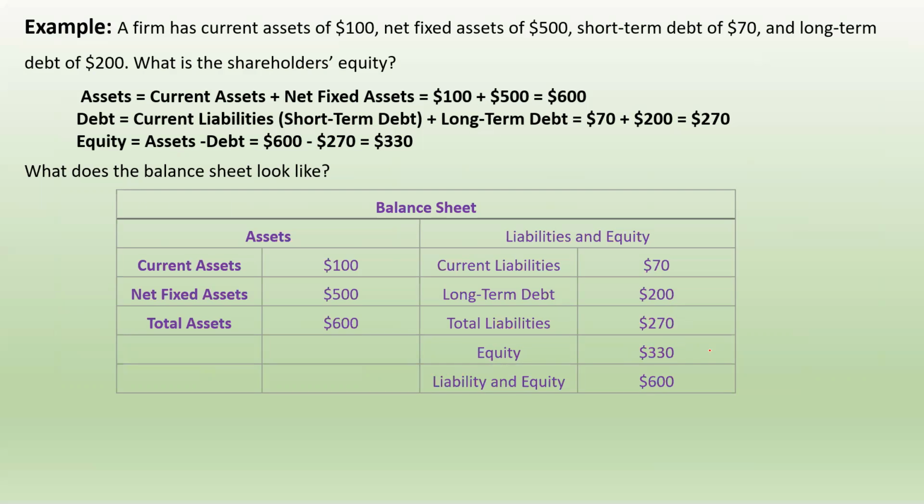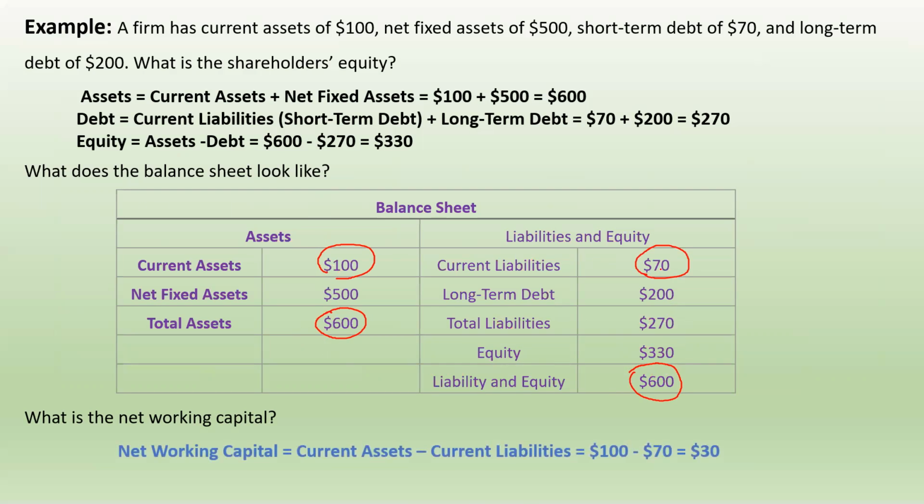Finally, we can see that liability plus equity equals total assets. And the net working capital is the current assets minus current liability, so it's 30.